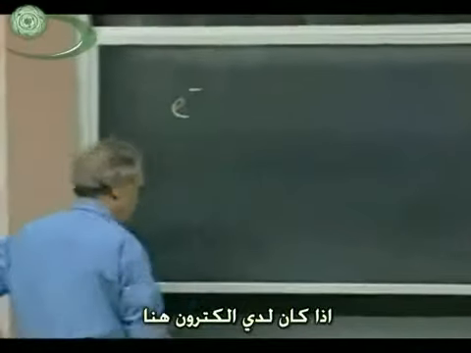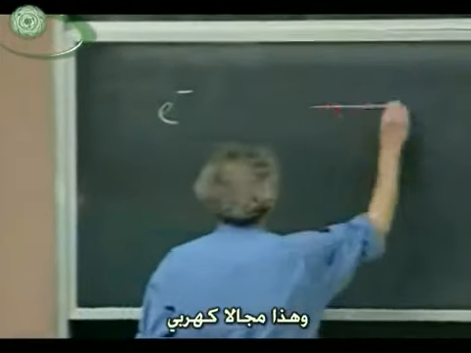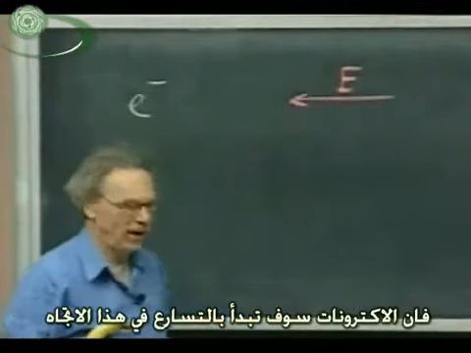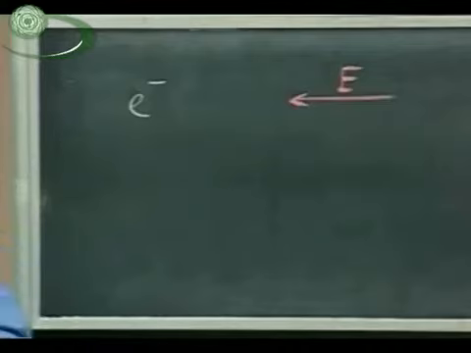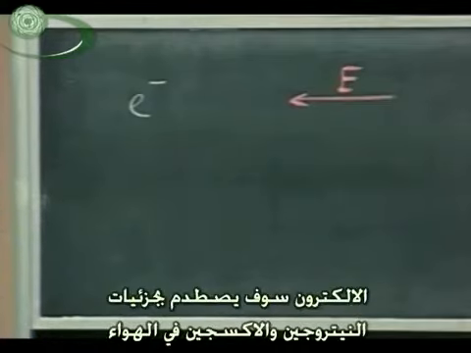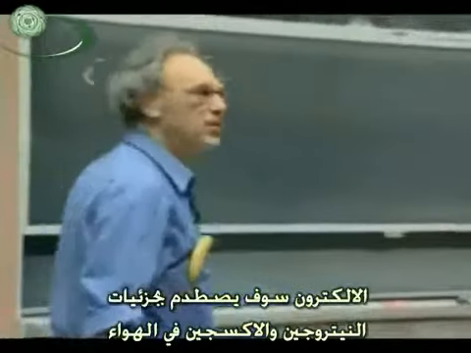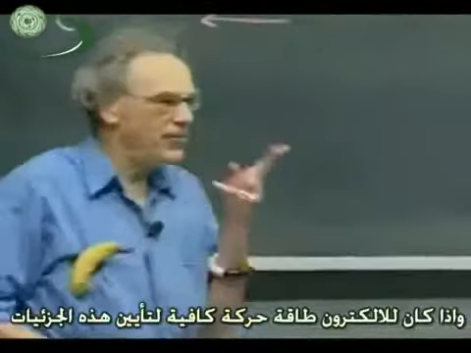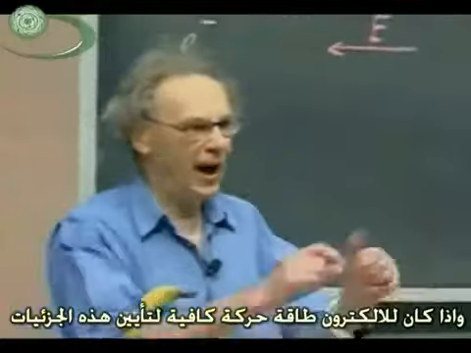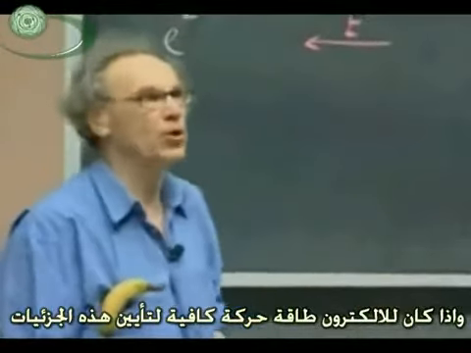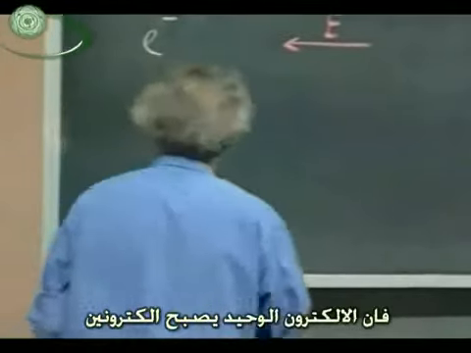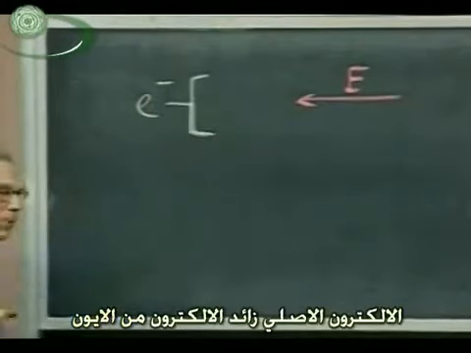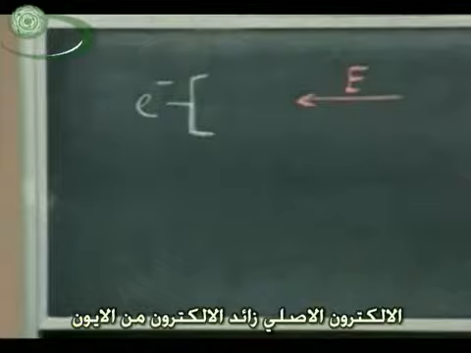If I have an electron here, and this is an electric field, the electron will start to accelerate in this direction. The electron will collide with nitrogen and oxygen molecules in the air, and if the electron has enough kinetic energy to ionize that molecule, then one electron will become two electrons, the original electron plus the electron from the ion.